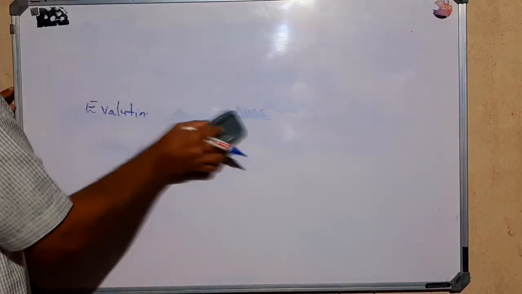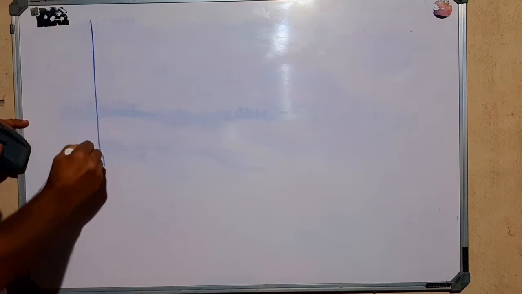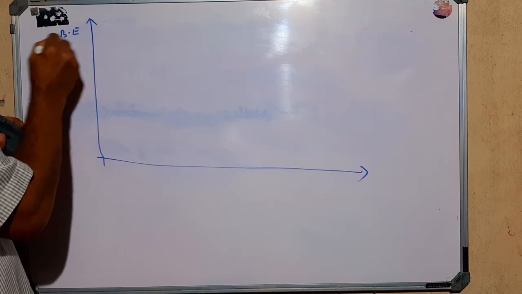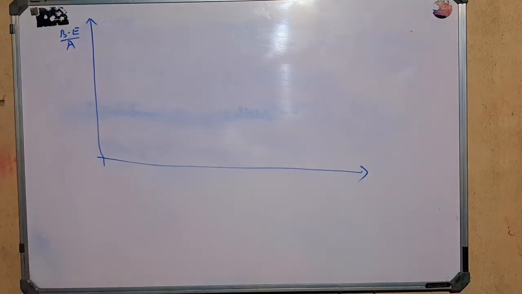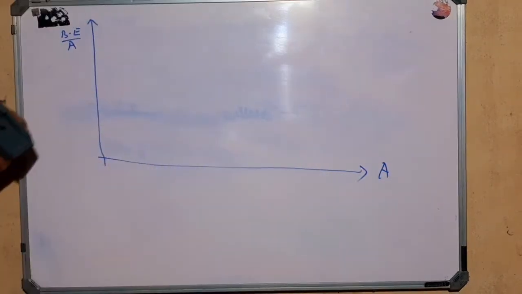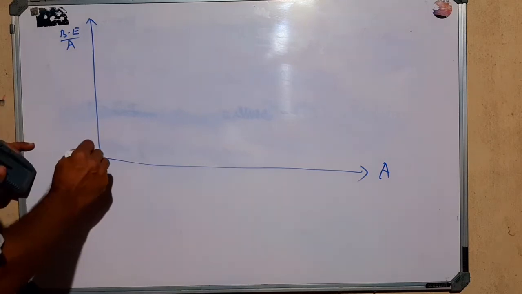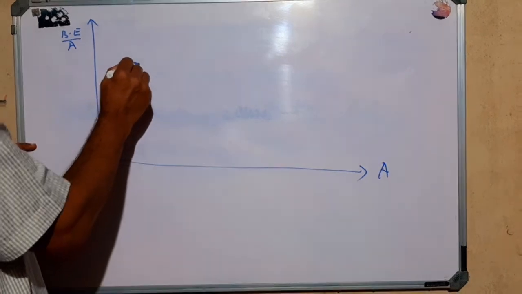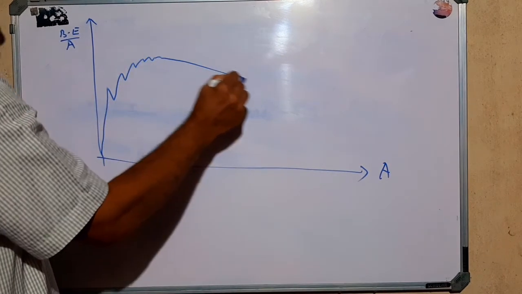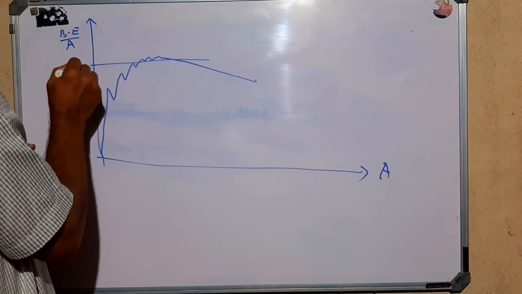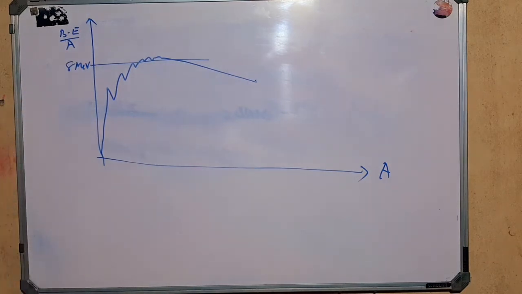So, let us consider the graph in which binding energy per nucleon is taken along the y-axis and mass number is taken along the x-axis.